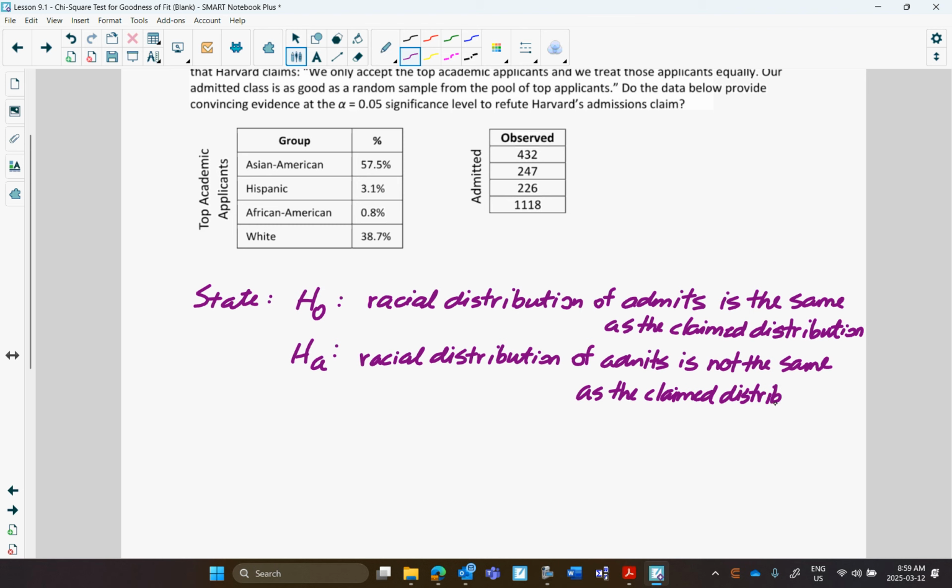Notice we didn't define a variable, so we don't have to write where such and such represents the true. All we have to do for a chi-square test is write these two.